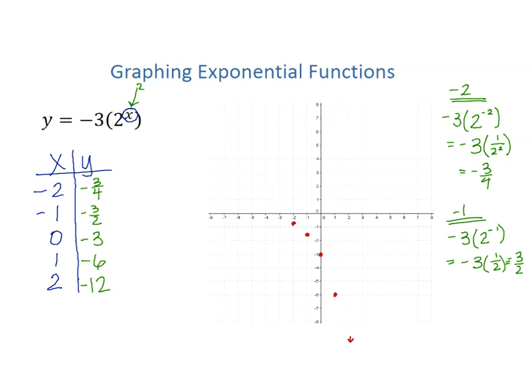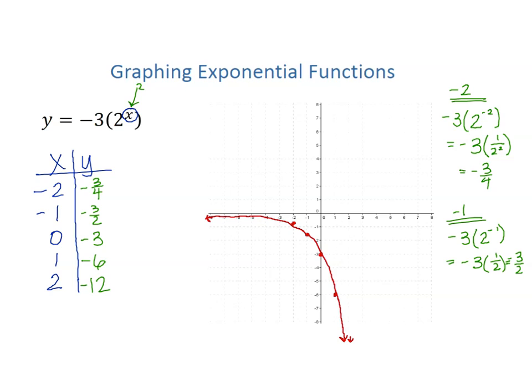So if I fill it in, it's going to get very close to the x-axis, and then it's just going to shoot downward. Now, is it ever going to touch this x-axis?